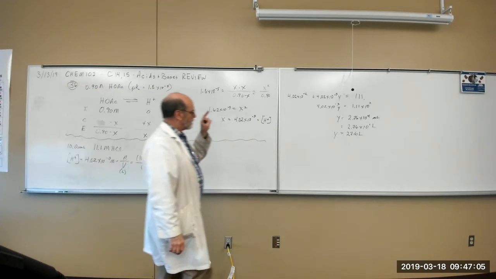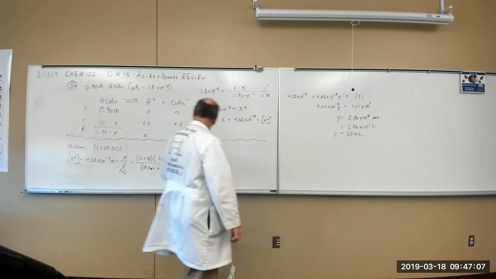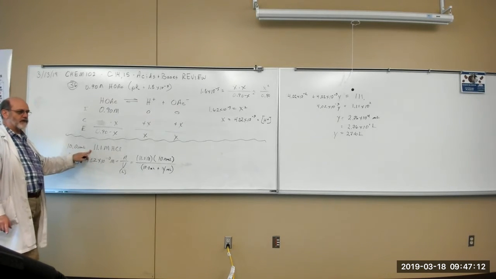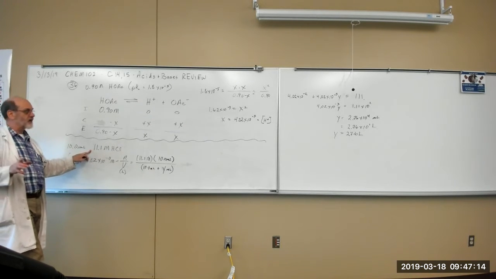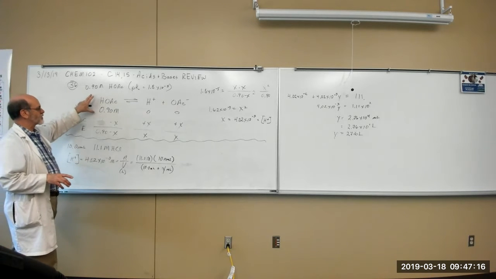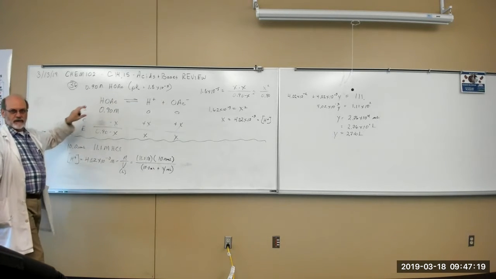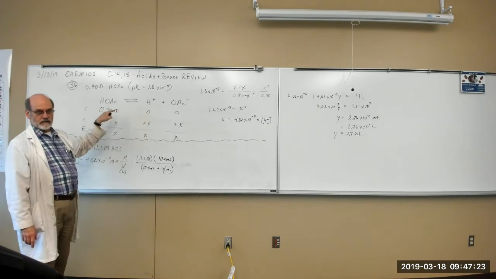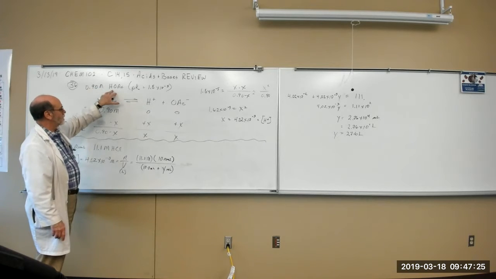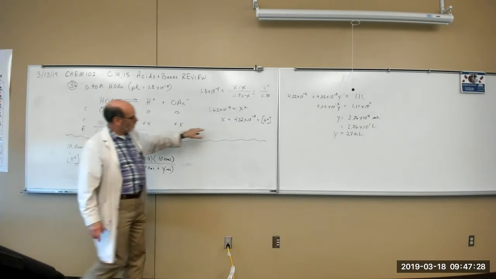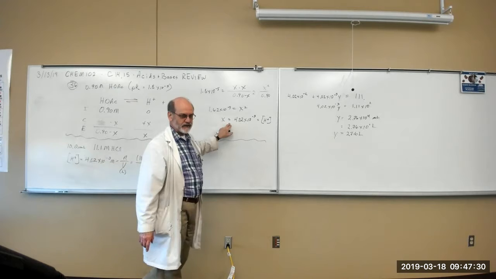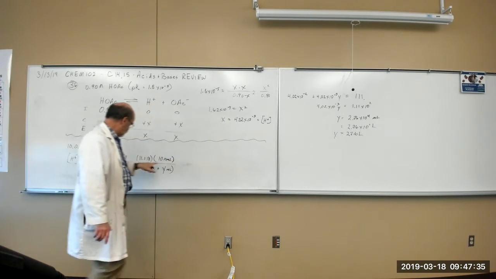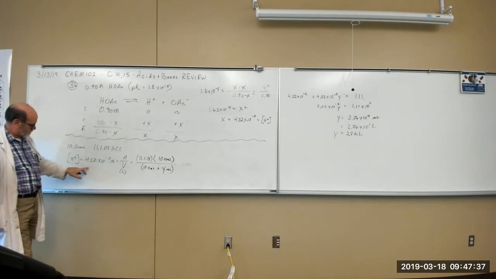We need to find out what volume to add to this many milliliters of hydrochloric acid to give you the same concentration of hydrogen ions as produced by this part of the equation. So you can't answer this one until you find out what that one is. Right? So that's why we set this one up for acetic acid, to find out what the hydrogen ion concentration is for that solution. Then that tells us what concentration needs to be here for this solution.